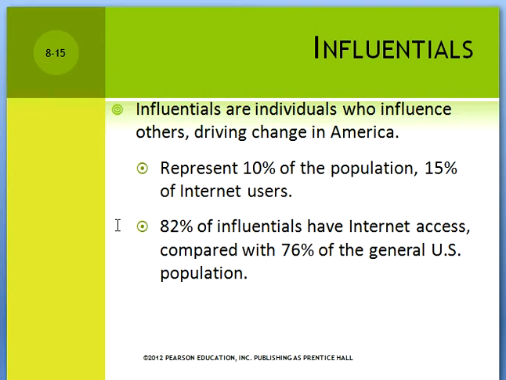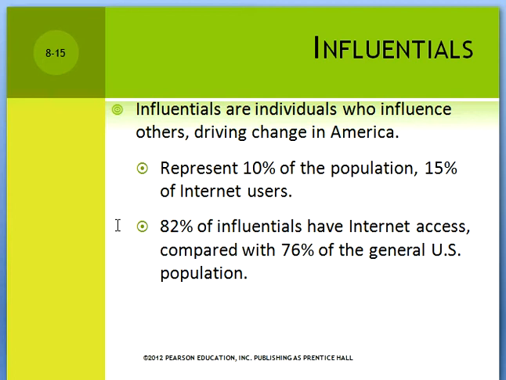Thirdly, the influentials. The influentials are individuals who influence others. So if you know the diffusion of innovation, these are the innovators. These are the people who will try out the new technology, and then if they are satisfied, they'll spread the word.